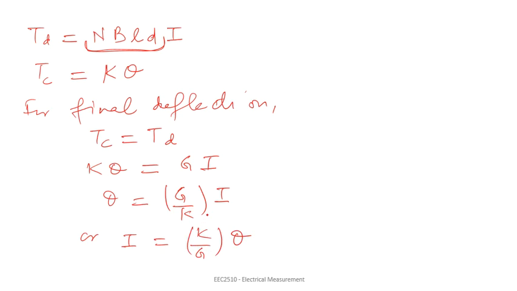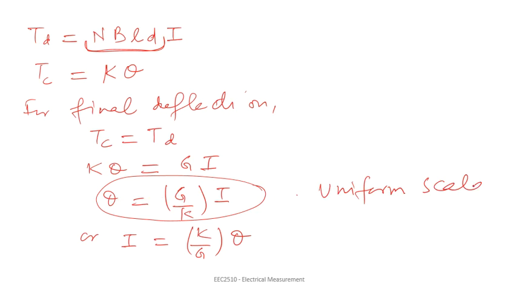So from this equation you can say that the deflection is directly proportional to the current passing through this meter. That is why these PMMC type instruments will have a uniform scale. If you see the scale of a PMMC type instrument, it will have uniform markings.